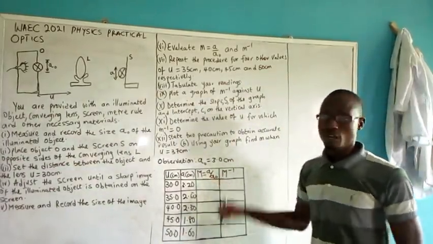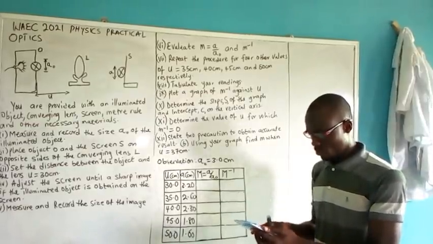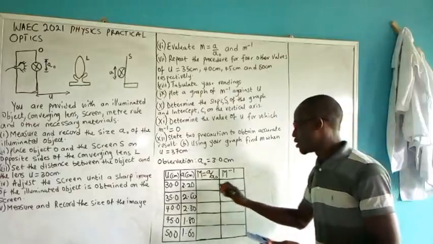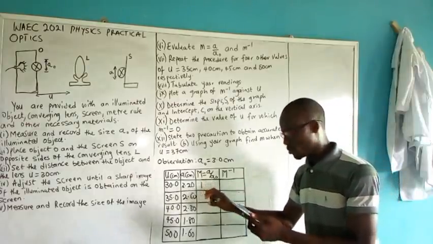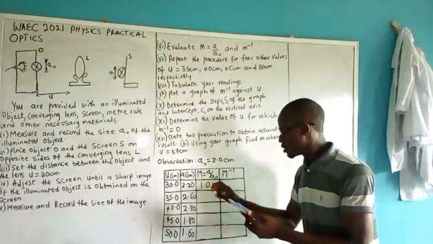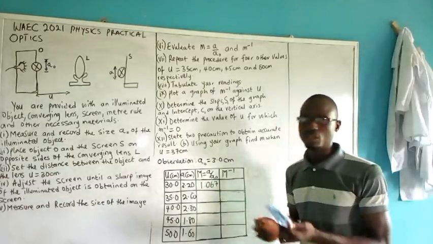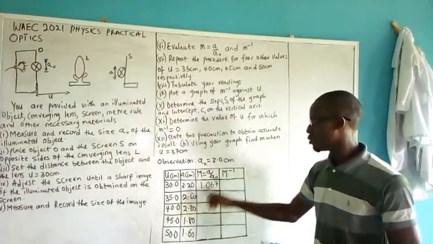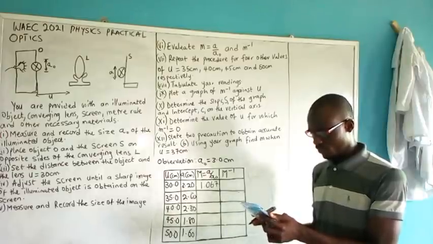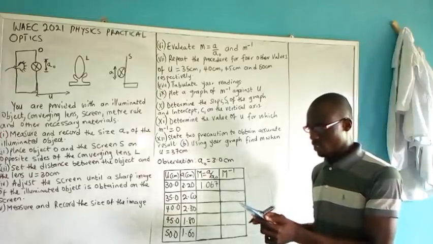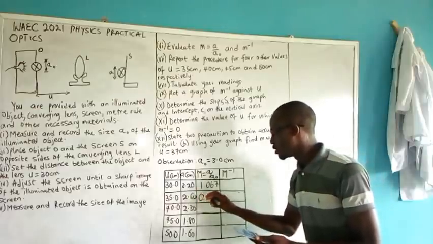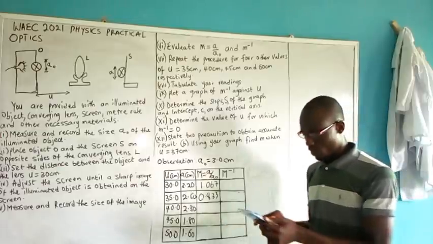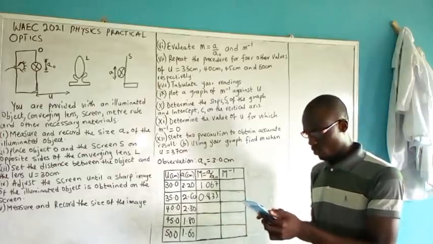The first one is going to be 3.20 over 3, and that gives 1.067, and that should be in 3 decimal places. Then the next one is 2.50 over 3, which gives us 0.833.